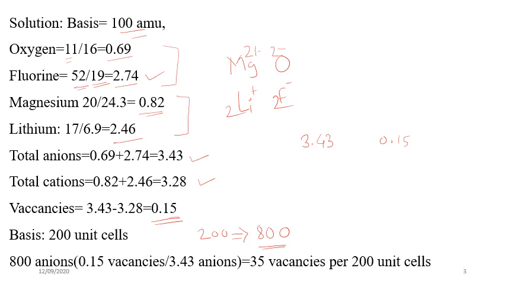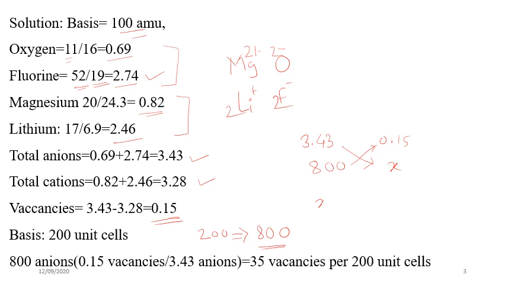So in 3.43 anions, 0.15 vacancies are there. Corresponding to 800 anions, how many vacancies will be there? We just have to do the cross multiplication. Remember, there are 800 molecules. If 800 molecules are present, that means 800 anions are present. That's why I have taken 800 as the number.